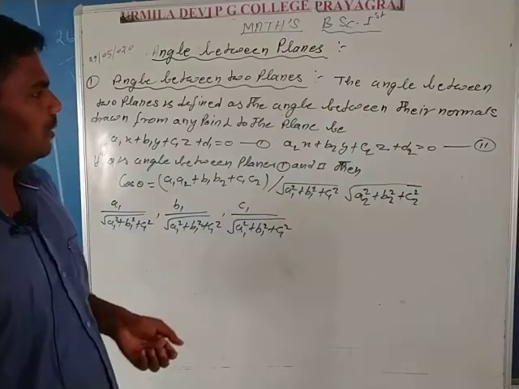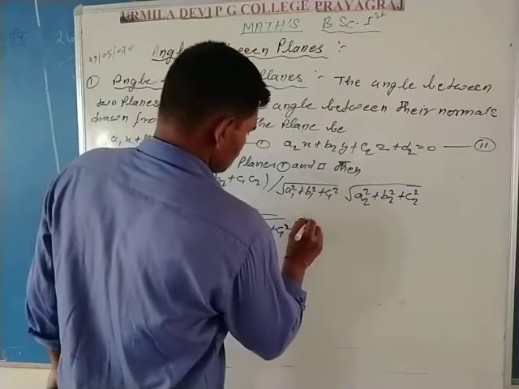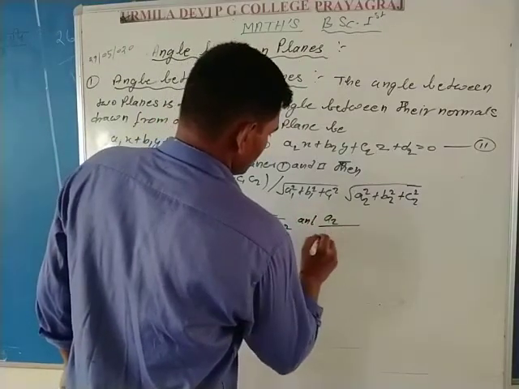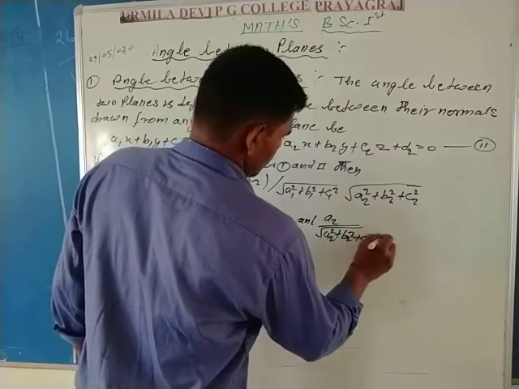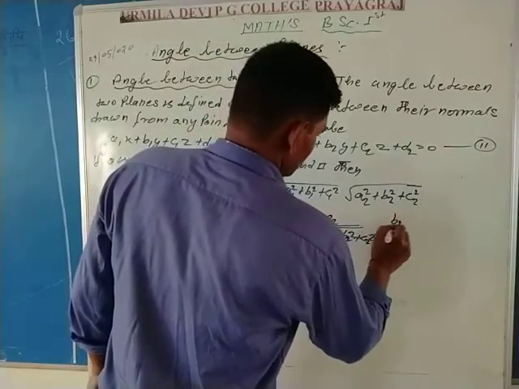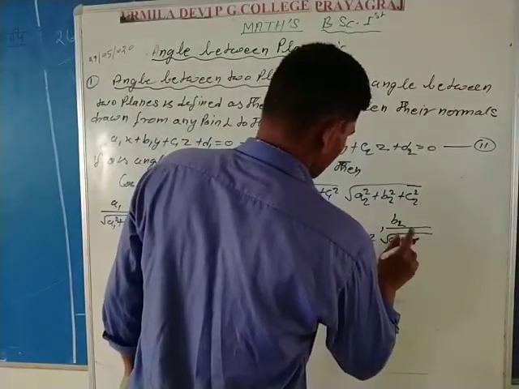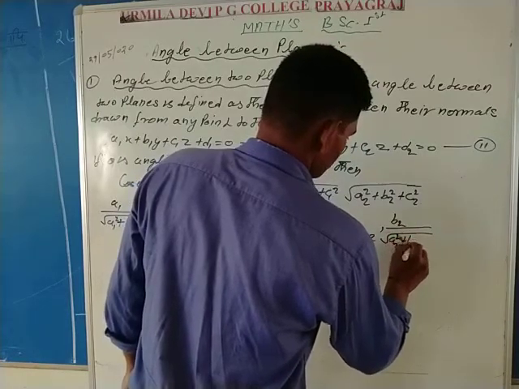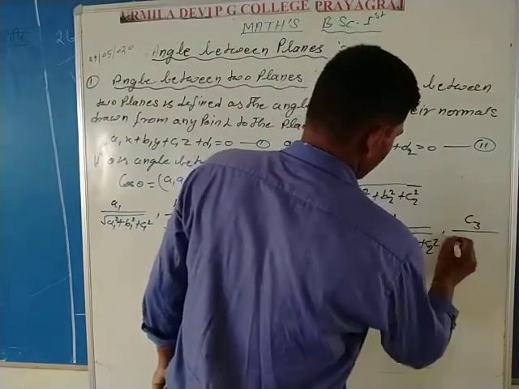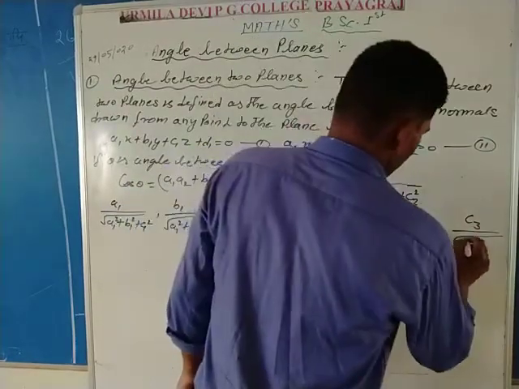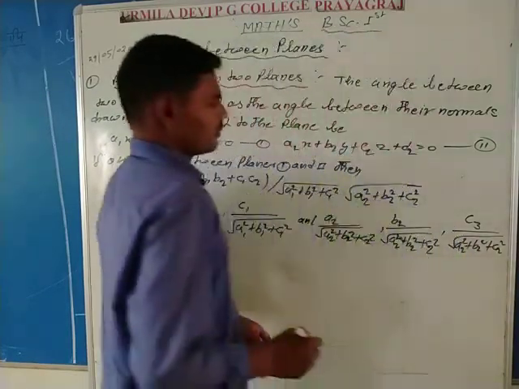Similarly, the direction cosines of the normal of the second plane are a2 divided by under root a2 square plus b2 square plus c2 square, and b2 divided by the same denominator, under root a2 square plus b2 square plus c2 square, and at last c2 divided by under root a2 square plus b2 square plus c2 square.